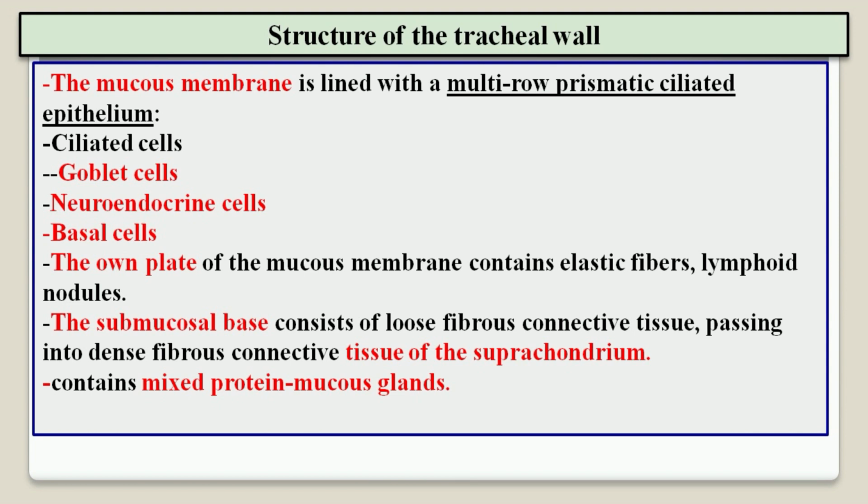The submucous base consists of loose fibrous connective tissue passing into dense fibrous connective tissue of the adventitia, and contains mixed protein-mucous glands.